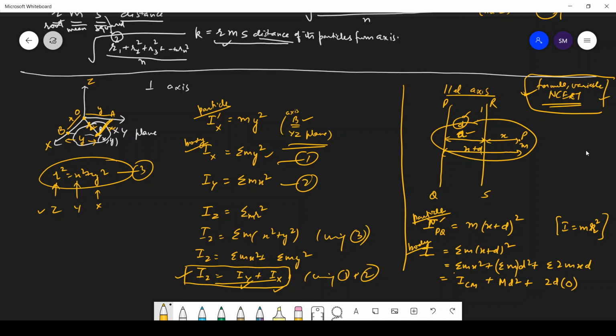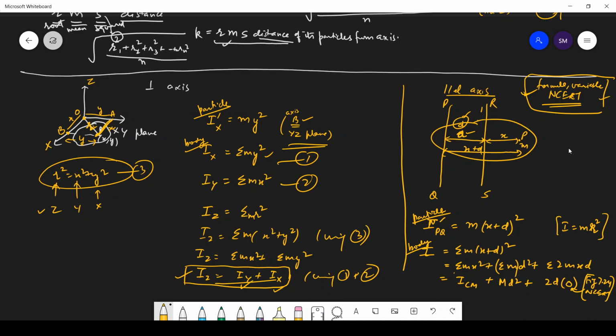Okay, so how is it 0? So look at the figure, figure 7.24 in your NCERT. How is this 0?